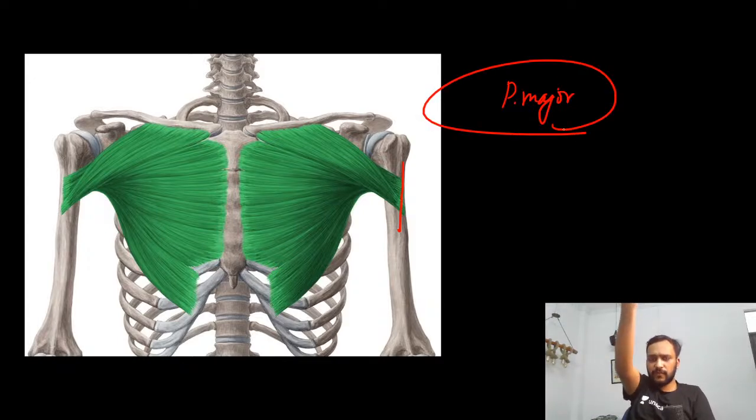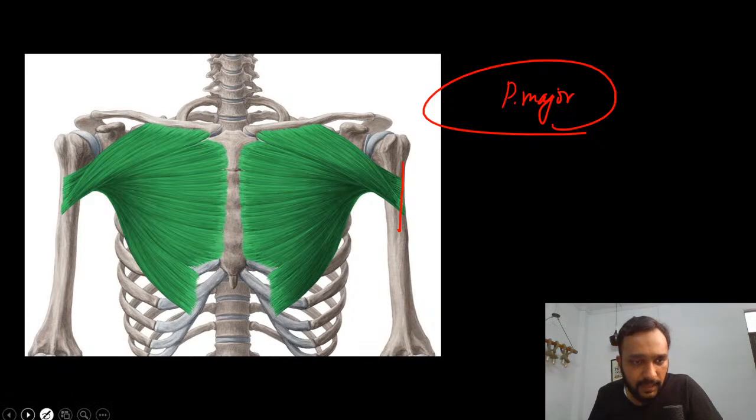It is responsible for flexion of the arm and medial rotation of the arm. On the floor of the bicipital groove, we have your latissimus dorsi muscle.